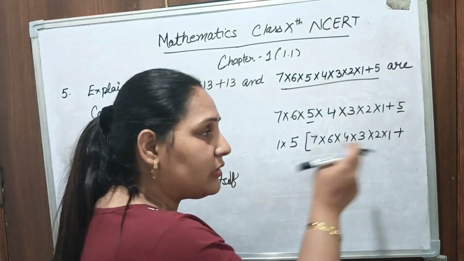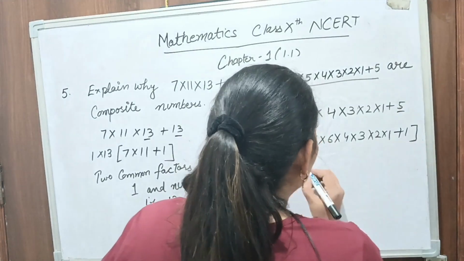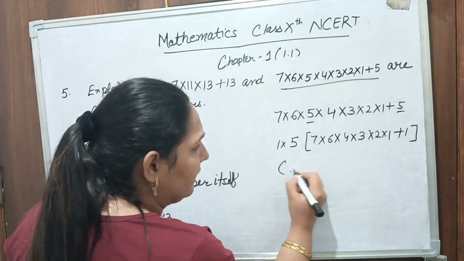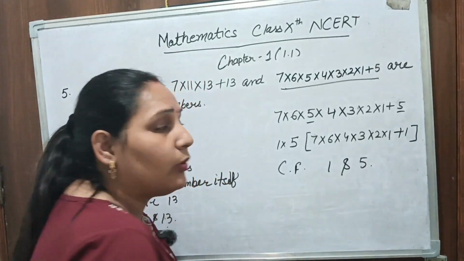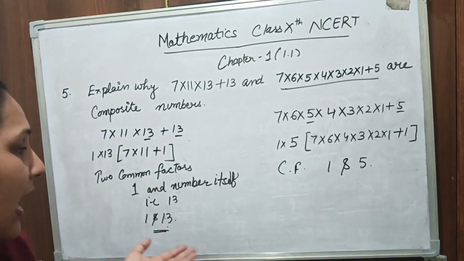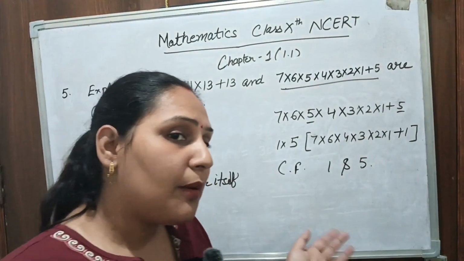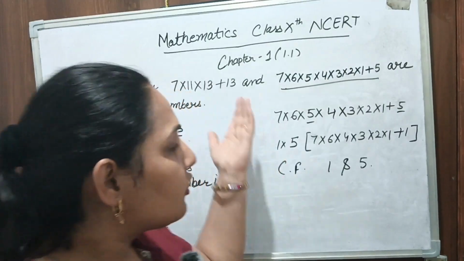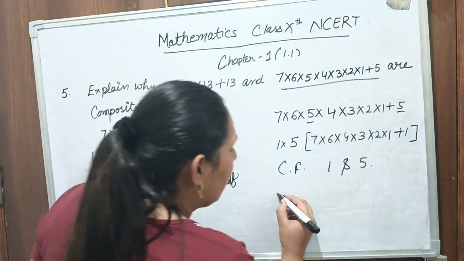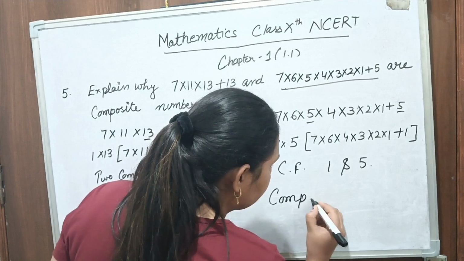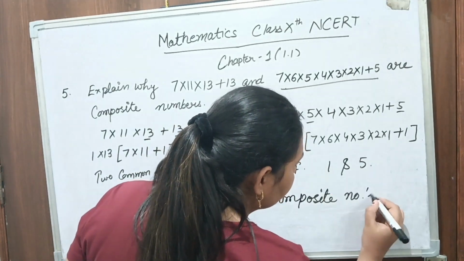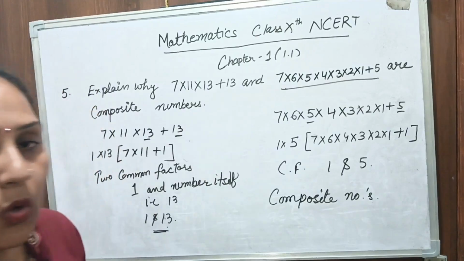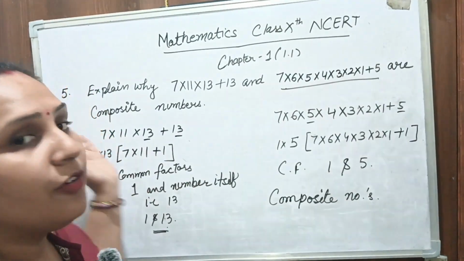We take 5 as common, so here it will be 7 multiply 6 multiply 4 3 2 1 plus 1. So here also we have common factors 1 and 5. As we are seeing, we have more than 2 factors, the number 1 and the number itself. So these are known as composite numbers. Hope you understood question number 5 well.